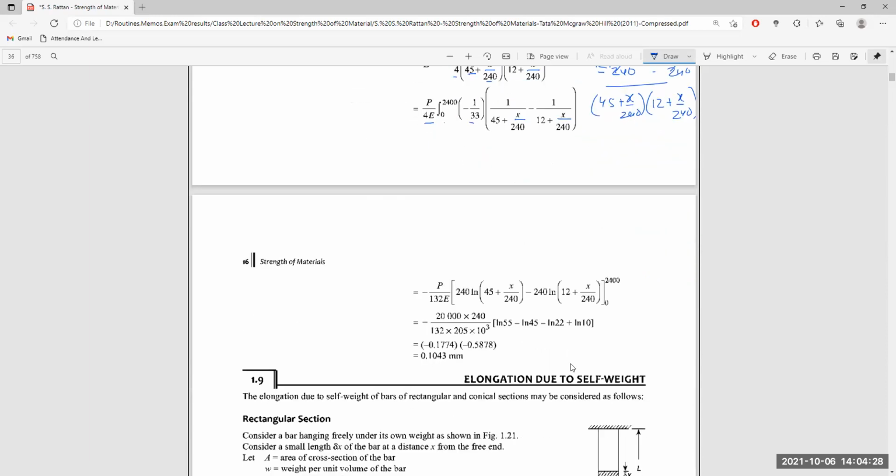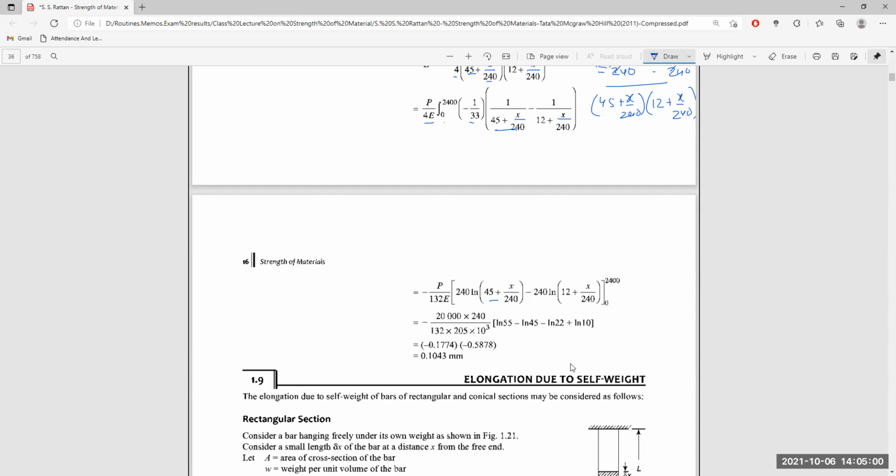After integration, this portion will become ln of (45 plus x by 240) multiplied by 240, minus 240 ln of (12 plus x by 240).